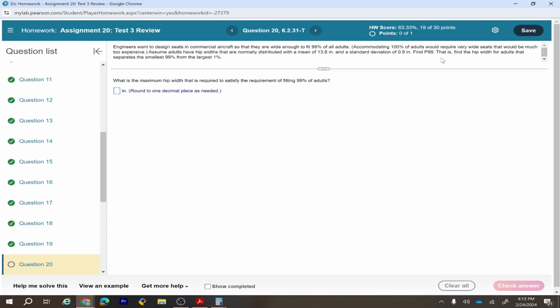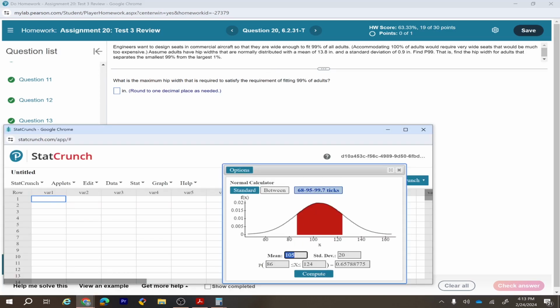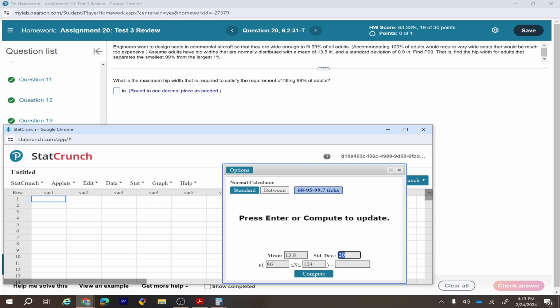Find P99. That is, find the hip width that separates the smallest 99% from the largest 1%. So you can go back to the normal distribution and replace the mean with 13.8, and the standard deviation is 0.9.